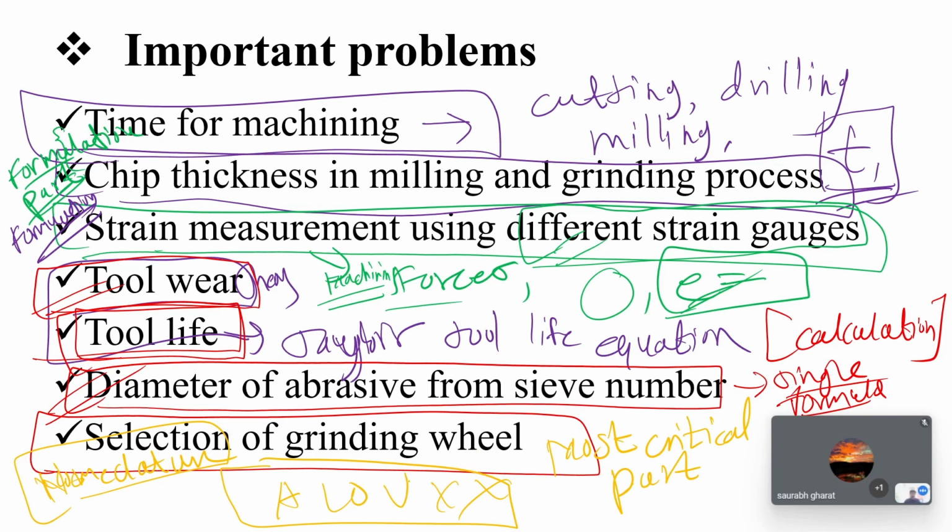Which material and how open a structure, depending upon the surface finish you want, bond and your grade. Those parts are more critical here, and you can focus more on this part for your exam preparation. So you work more on proper selection for the required application.